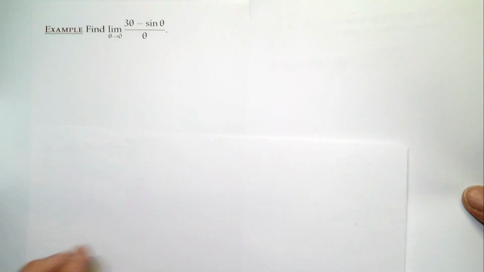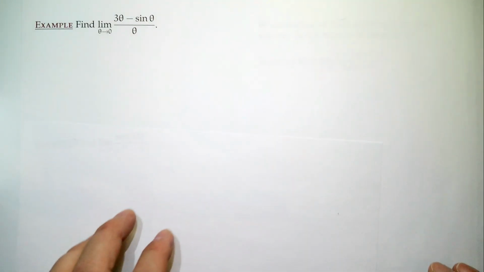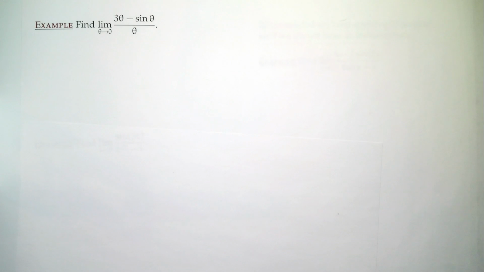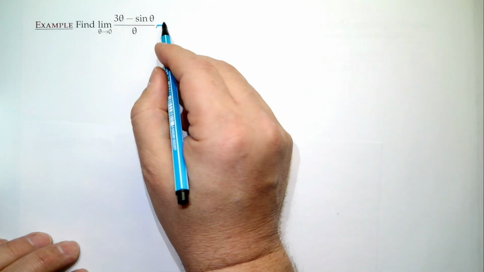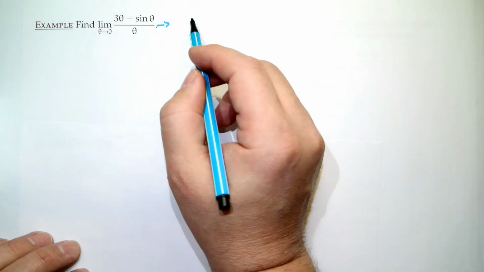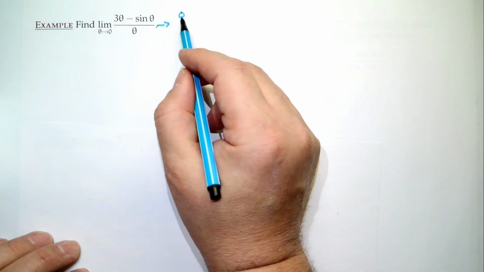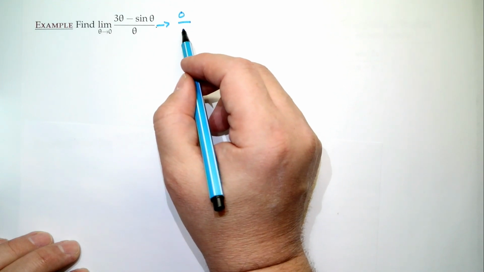All right. So find the limit as theta goes to 0 of 3 theta minus sine theta over theta. Okay. So let's just check. So what does this go to currently? If we plug in 0, what do we get on the top? 0. If we plug in 0 downstairs, what do we get? 0.